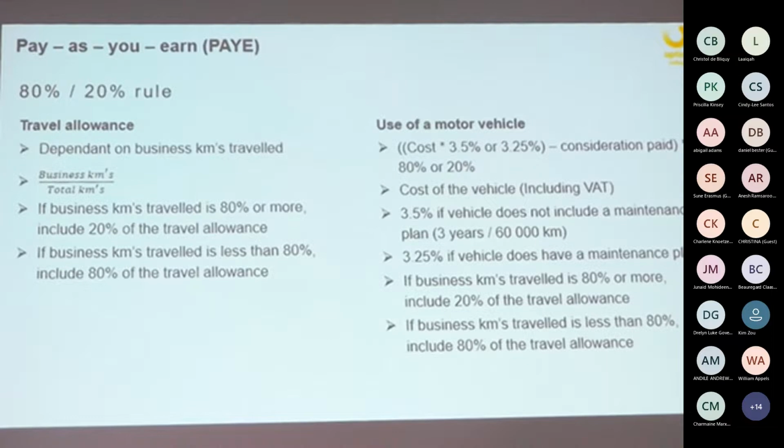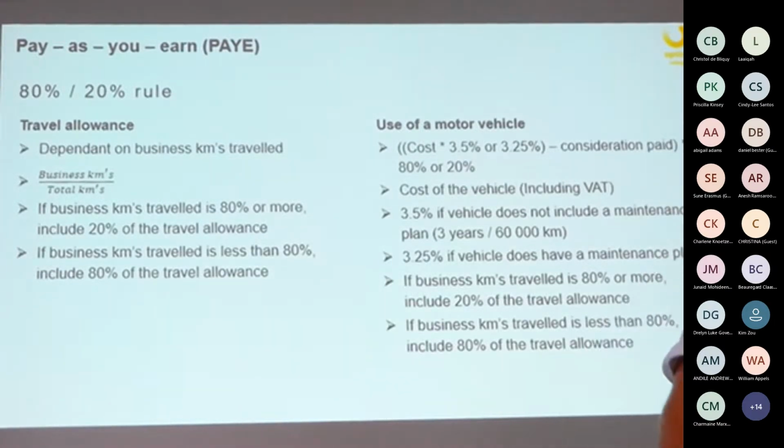So there is a determined value for the fringe benefit. That is worked out in a certain way. It is the cost times the percentage minus the considerations. And then you multiply it by either 80 or 20%. Let me explain. First you need to know the cost of the vehicle.